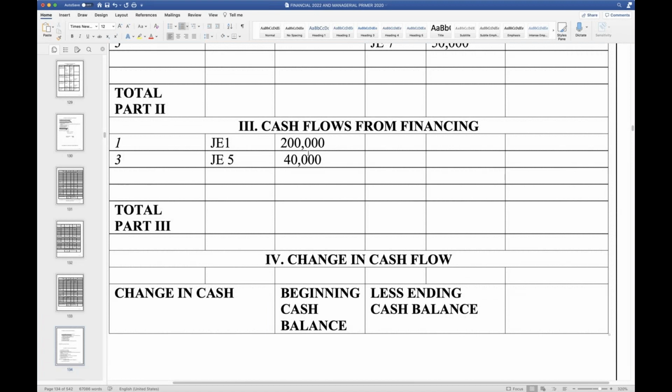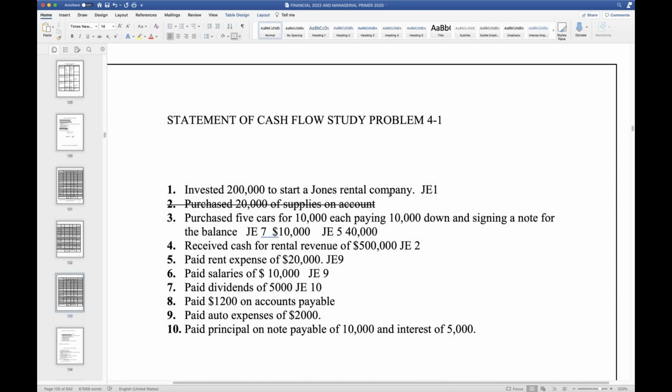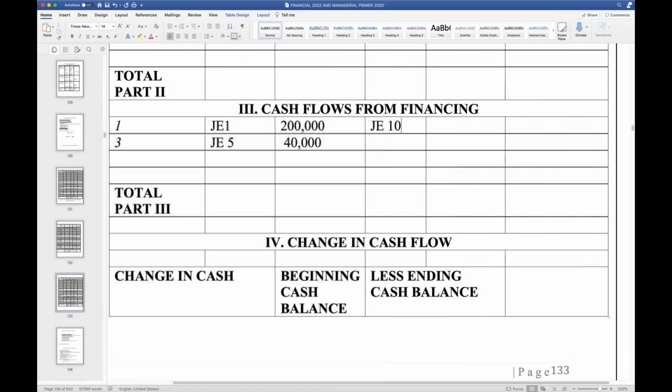Remember, a 10 is a reimbursement to the owner. It's not an expense. We're reimbursing the owner for their investment, so that's not an operating item. We're paying the owner for his investments, or paid dividends of $5,000.